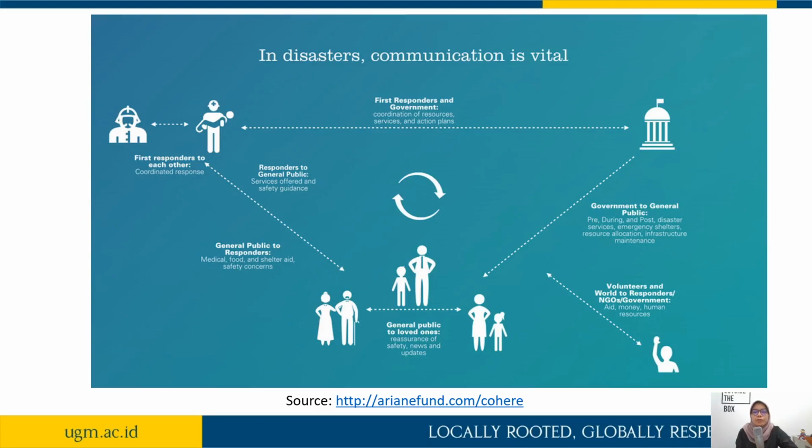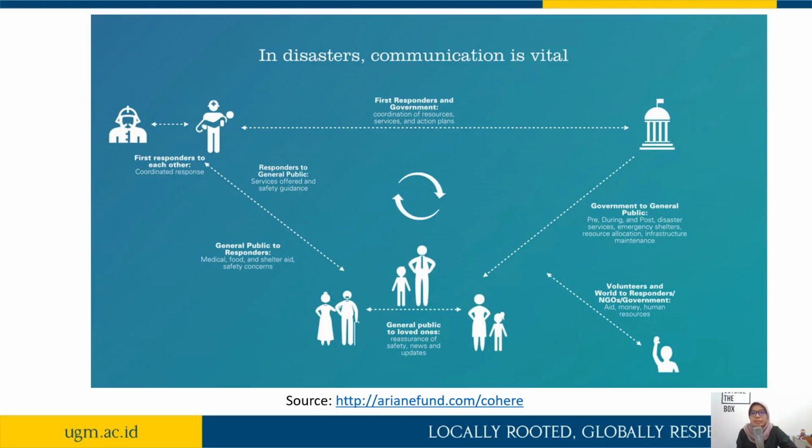Responders to general public, probably offering services and safety guidance. General public to responders, probably seeking medical, food, shelter aid, and safety concerns. Government to general public, probably conveying messages about disaster services, emergency shelters, resource allocation, and infrastructure maintenance.